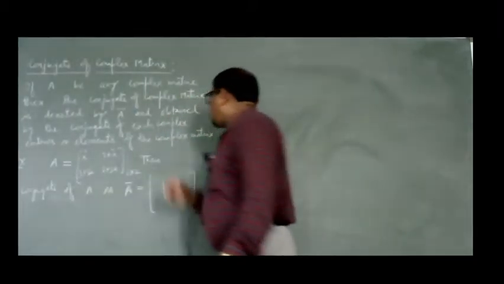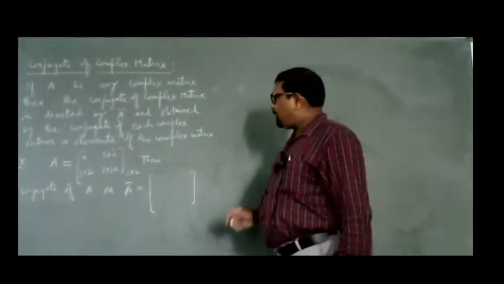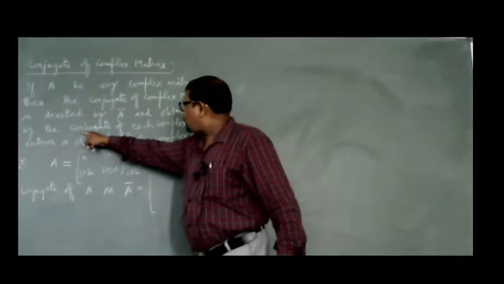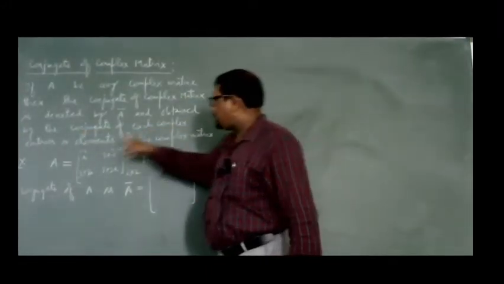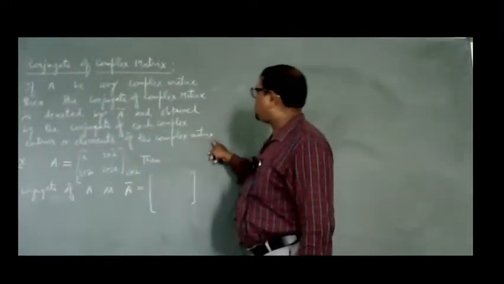Then the conjugate of matrix A is A bar, equal to a matrix obtained by taking the conjugate of each complex entry or element of the complex matrix.